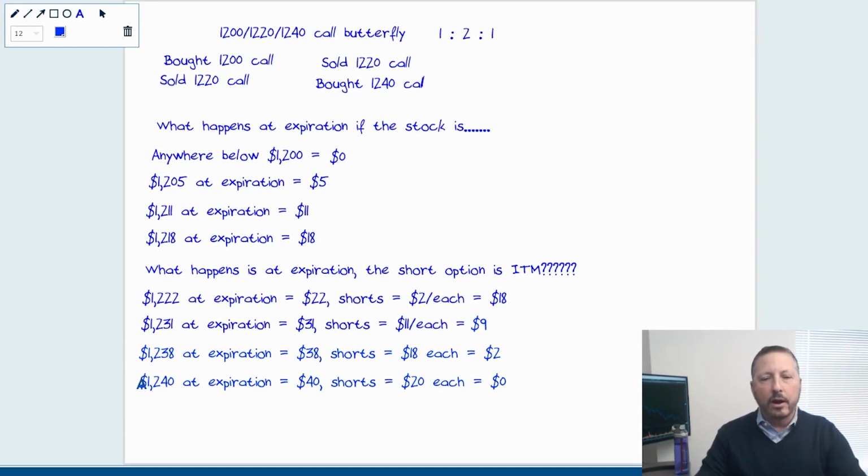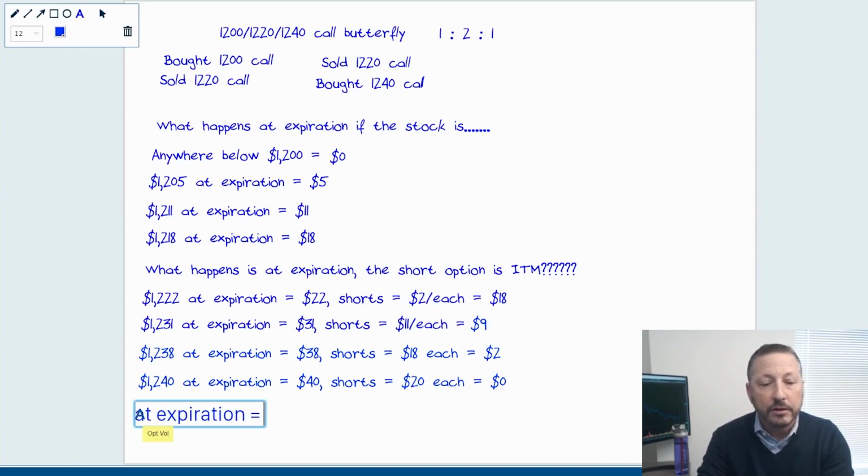And that's where the beauty of a butterfly comes in, that when you do it in this ratio 1 to 2 to 1, and the options are symmetrically placed like they are, you can never ever lose more than your investment. The value of the butterfly, okay, can never be worth less than 0. And so let's just randomly pick a number of 1,300 at expiration.